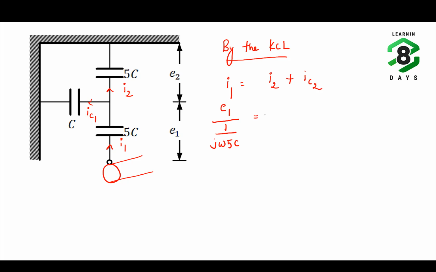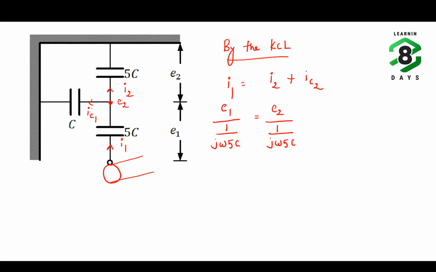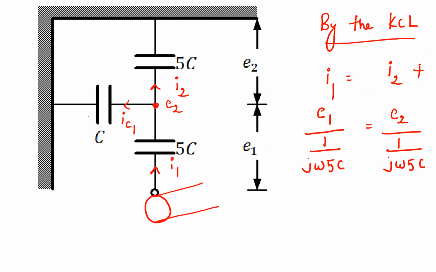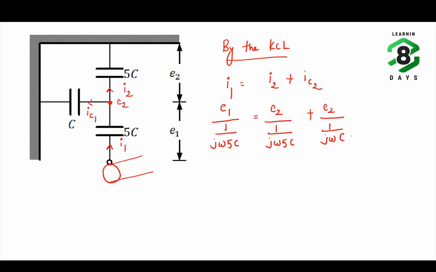Similarly, I2 we can write as E2 divided by 1 divided by j omega 5C. And what is IC1? At this point, the voltage with respect to ground is E2. So it will become E2 divided by 1 divided by j omega C.